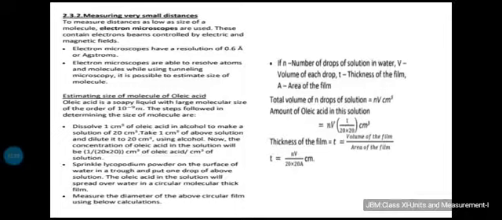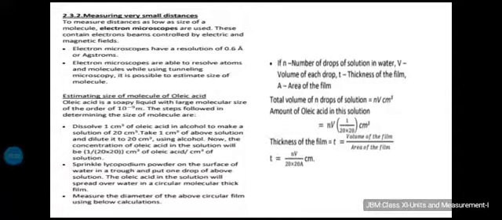Then volume of n drops will be equal to how much? nV cubic centimeter. So the amount of oleic acid in this solution will be equal to nV multiplied by the concentration, that is 1 by (20 × 20) cubic centimeter. This solution of oleic acid spreads very fast on the surface of water and forms a very thin layer of thickness t.